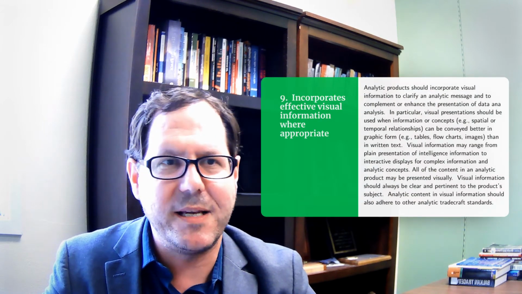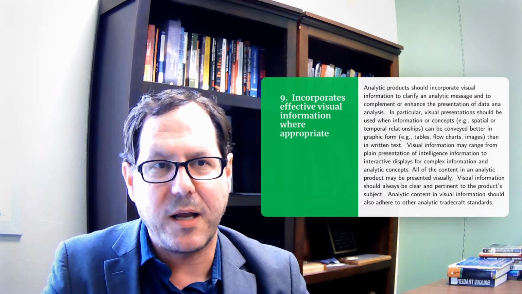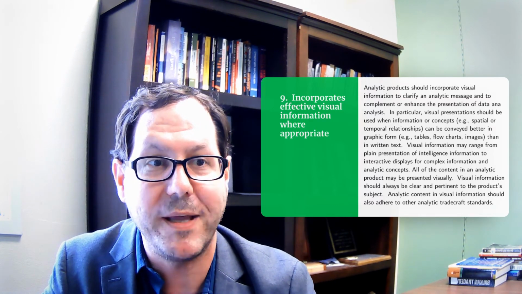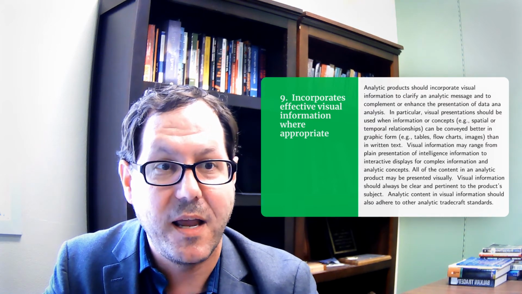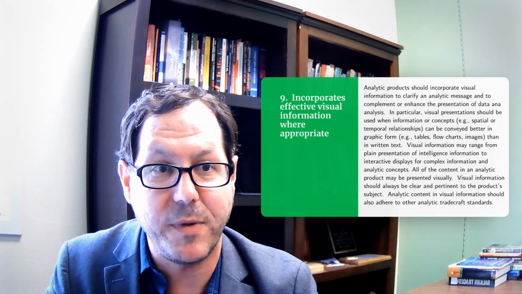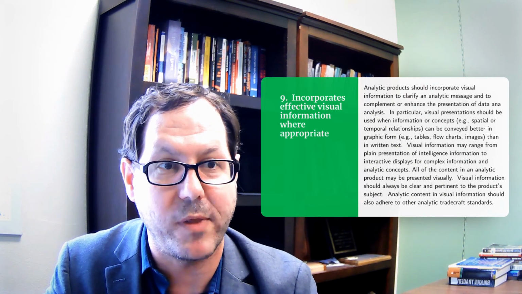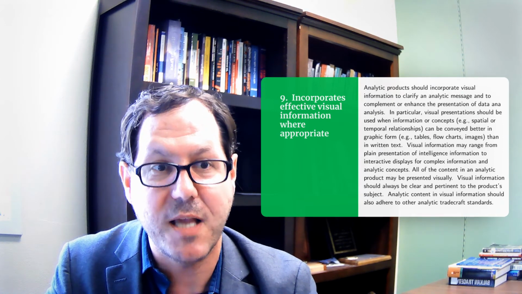Okay, and then the last piece is that analytic products should incorporate visual information to clarify an analytic message and to complement or enhance the presentation of data and analysis. In particular, visual presentations should be used when information or concepts such as spatial or temporal relationships can be conveyed better in graphical form, such as tables, flowcharts, images, than written text.